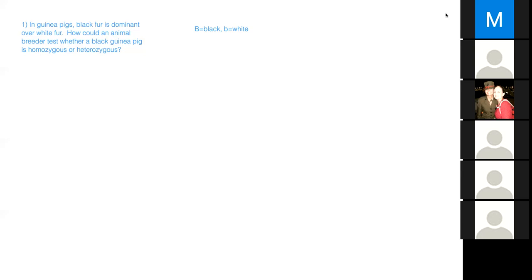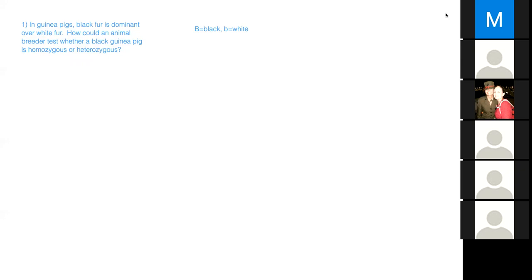So if we use capital B for black and lowercase b for white, and we know that black fur is dominant to white, what are the possible genotypes of an animal with black fur? Would it be two capital B's or one capital B, one lowercase? That's correct. So it's possible to be either BB or Bb.